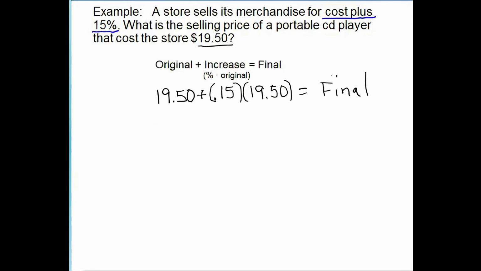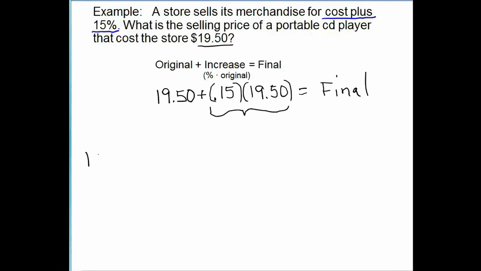All right, so we're going to find the final. This is a good place to see why you do order of operations. You have to figure out the increase before you can add them together, or multiplication goes before addition. So we'll do our multiplication. You can use your calculator here, or you can do it by hand. 0.15 times 1950.